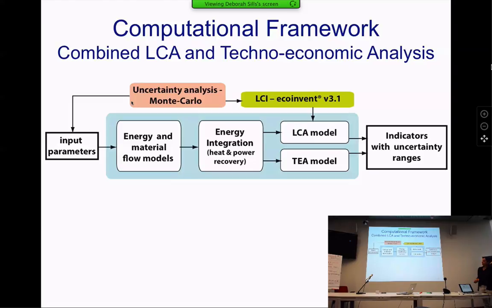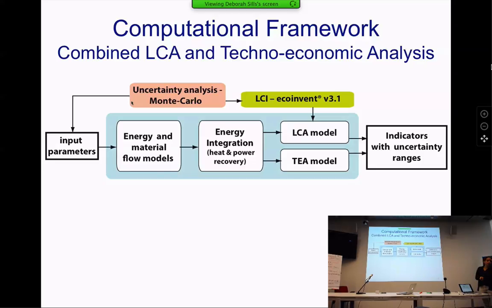This was what we call our computational framework. We had energy and material flow models. We did energy integration because we have some hydrothermal processes. And we had our life cycle and our techno-economic model.